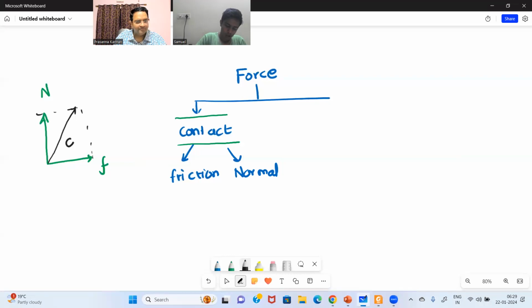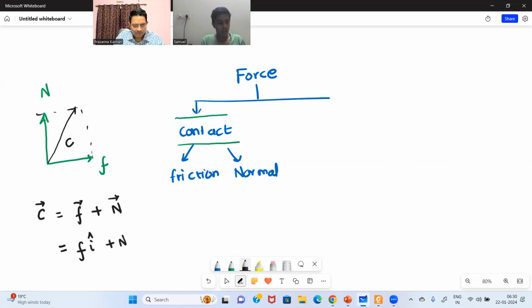Maybe I can write it as C. So contact force will be equal to friction force plus normal reaction. Vectorial addition. I'm sure you have learned this. F i cap, N j cap, this notation, right?